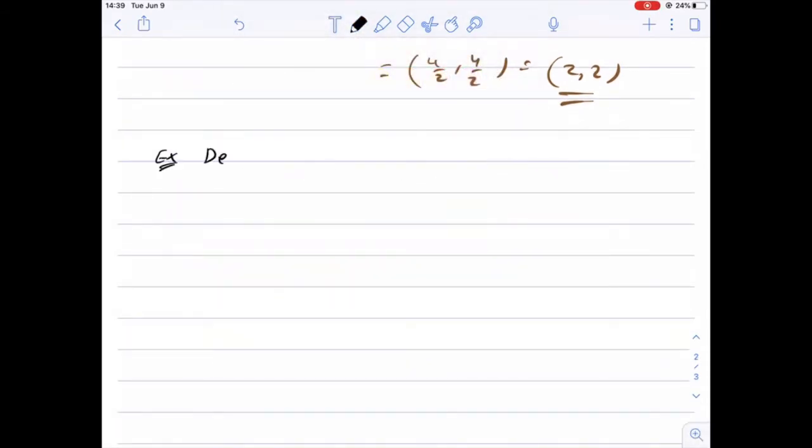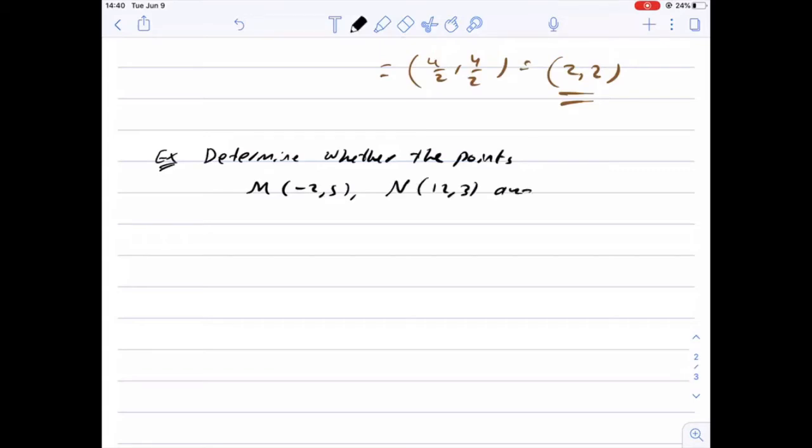We want to determine whether the points M(-2, 5), N(12, 3), and Q(10, -11) are the vertices of a right triangle.